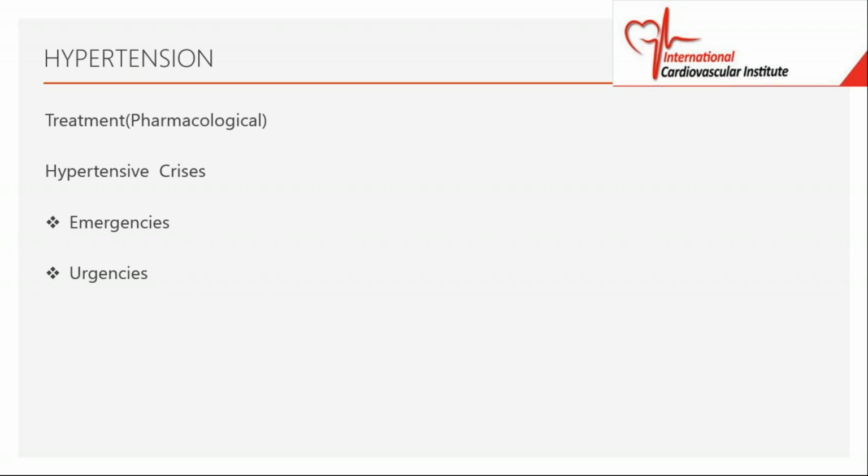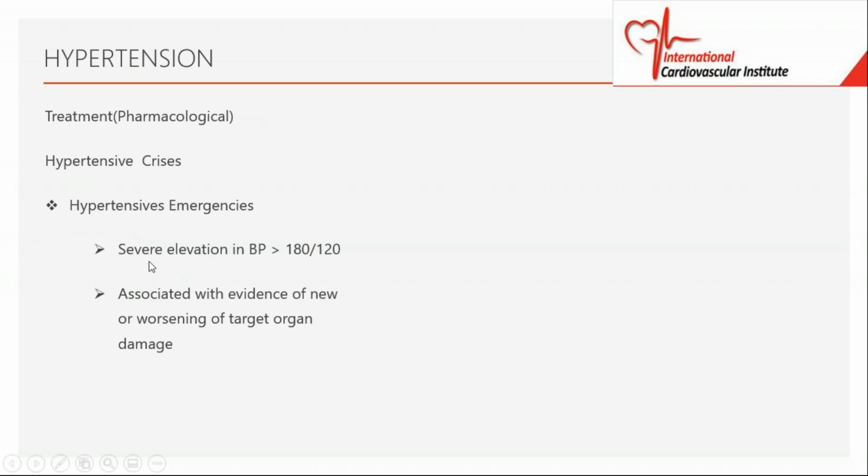We talk about hypertensive emergencies and hypertensive urgencies. So you have to know the difference between these two entities. But both of them together are what we call the hypertensive crises.